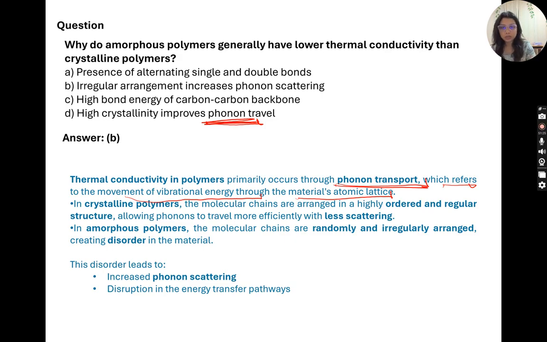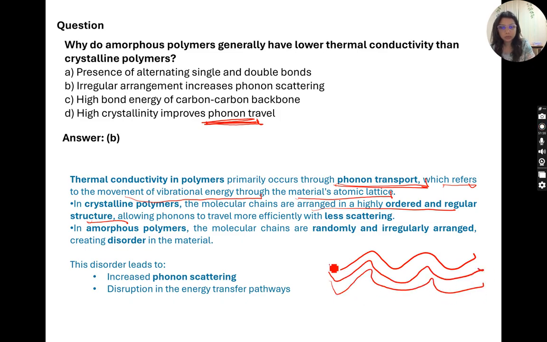In crystalline polymers, the molecular chains are arranged in highly ordered and regular structures, one chain and then another chain. So the movement of phonons between these chains is comparatively easy, allowing phonons to travel more efficiently with less scattering. Whereas in amorphous polymers, the randomly or irregularly arranged chains create disorder in the material, which disrupts the flow of phonons.